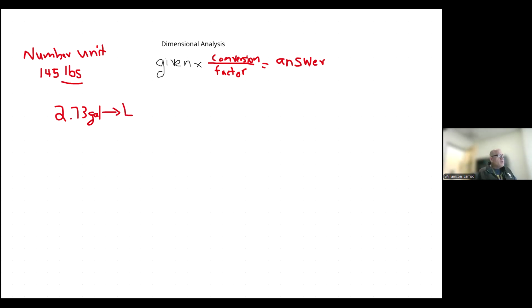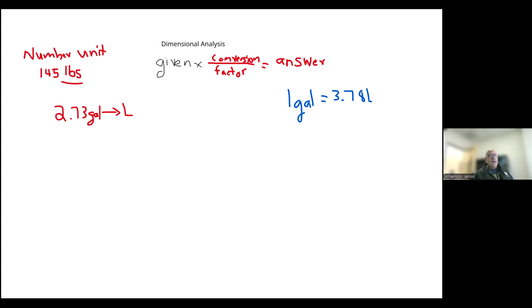Okay. I'm going to go look on my chemistry conversion factors and constants chart that was posted in the announcements, or I could go look it up online, and I would see that exactly 1 gallon is approximately 3.78 liters.